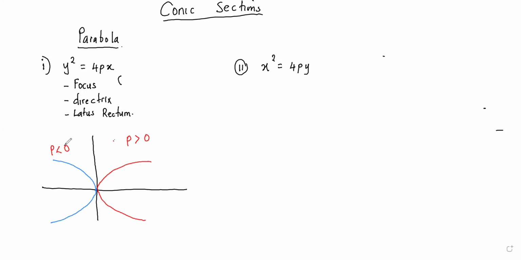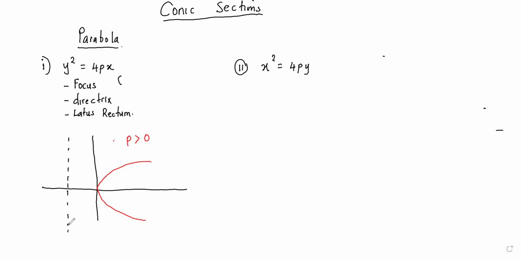So if I'm dealing with the one facing to the right, then it means that the directrix is going to be on the left. So it means that the directrix is now on the left. So there will be directrix here.